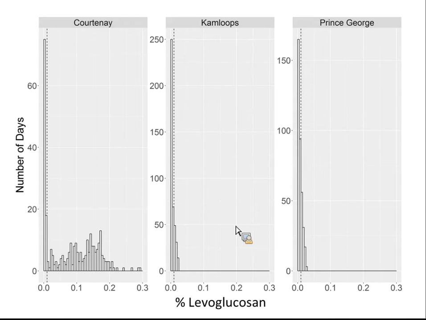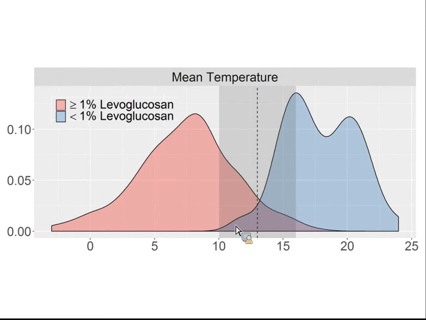The air in Courtenay is quite a lot smokier than the air measured in those places. So we said we are going to use the data from Courtenay to help inform the decisions about these X, Y, and Z values. Here we've got the distribution of mean daytime temperatures on high levoglucosan days and low levoglucosan days. Do the means of these distributions look different, my class?